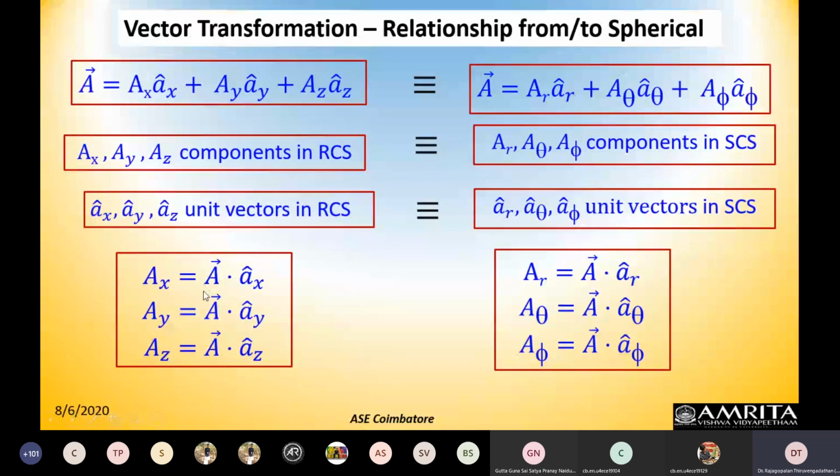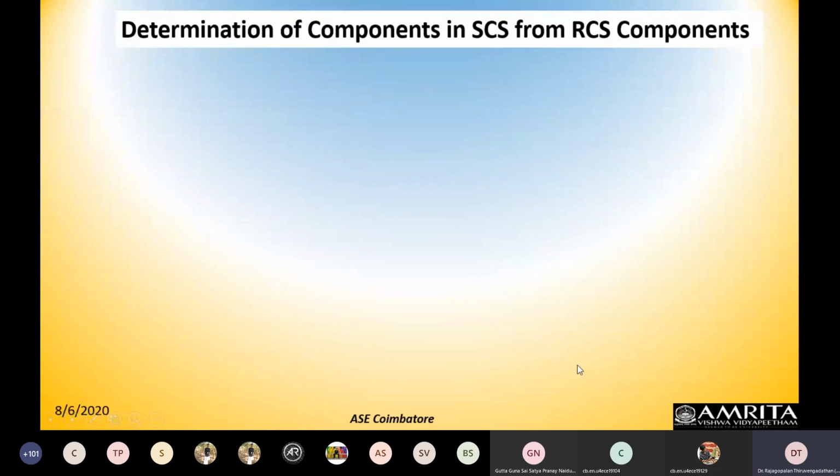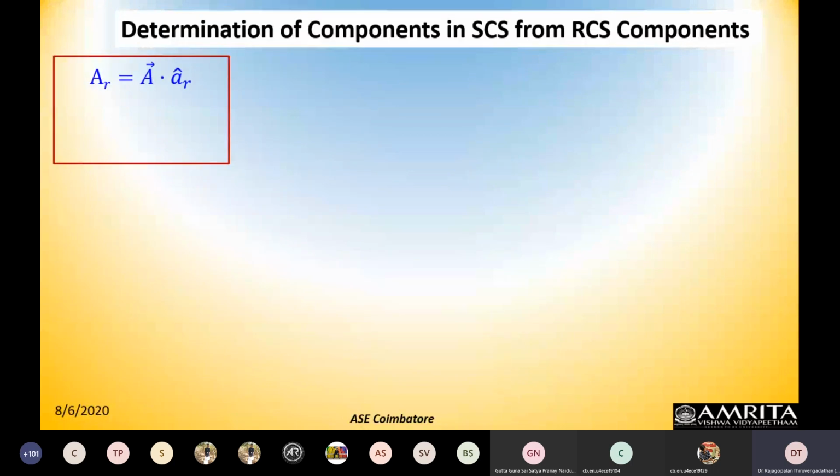We can express the components in terms of the dot product with the corresponding unit vectors as mentioned here, in the last two boxes, the left and right in the two columns. Now, how do I determine the components in the spherical polar coordinate system? This is how it is done. I pull up that scalar product relationship with the unit vectors.